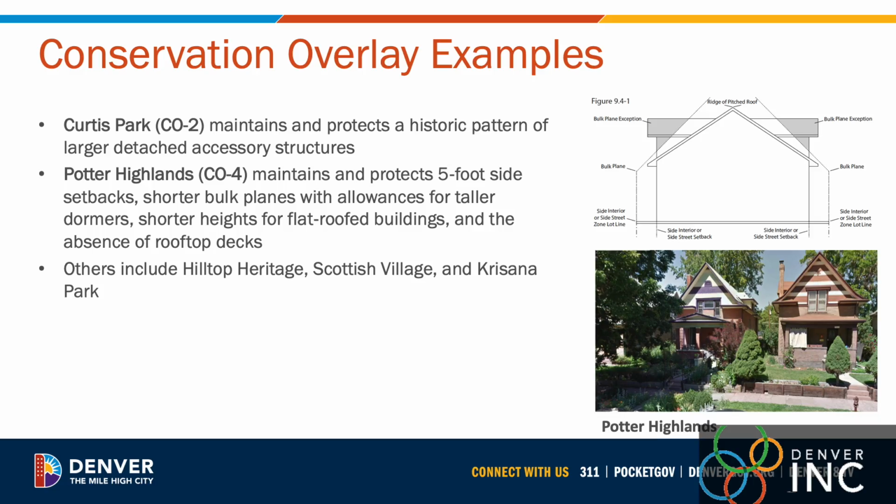In Curtis Park, they needed basically more flexibility because they had a pattern of bigger garages and bigger ADUs than the zoning was allowing. So this conservation overlay gives them that flexibility given that pattern in their neighborhood.